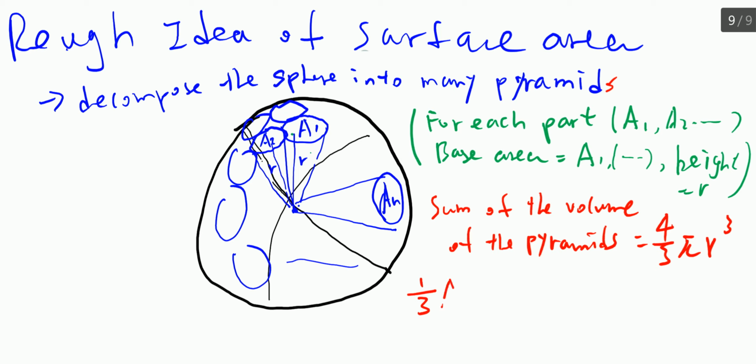Then I can write down this time for each part, the base area should be, for example, the first part is A1.